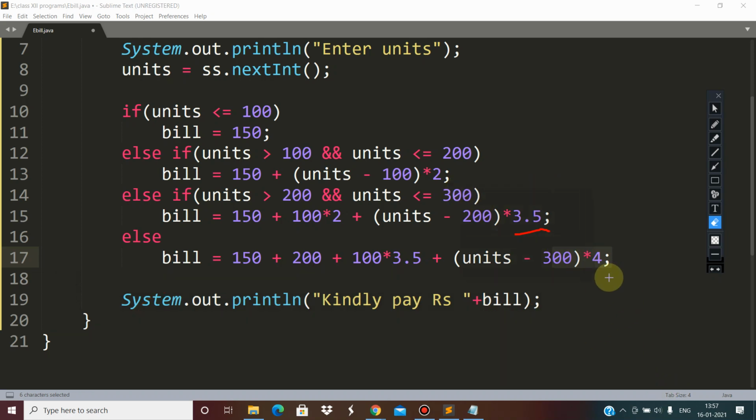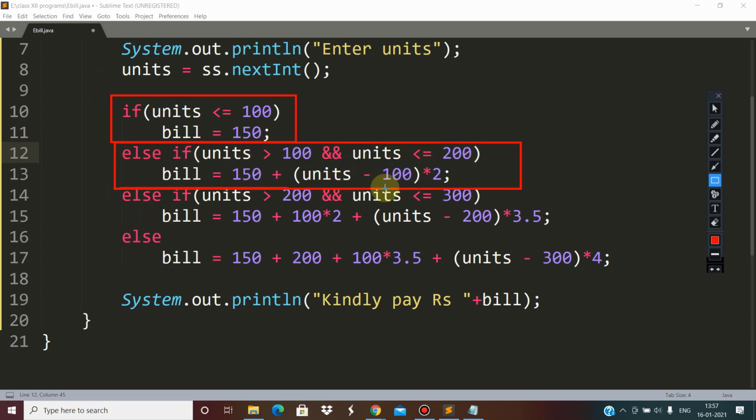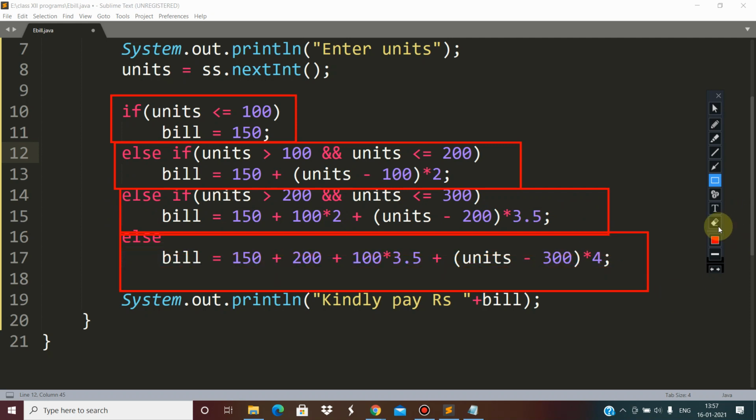in the beginning I told you that I will tell you the shortcut method. So you all have studied if and else if. So what is the purpose of if and else if? Children, if and else if means that at a time only one condition will be true. So either this one or this one or the else part will be true at a time.